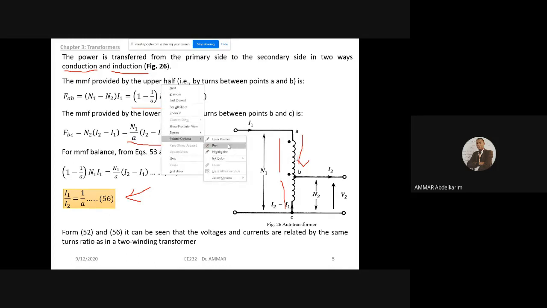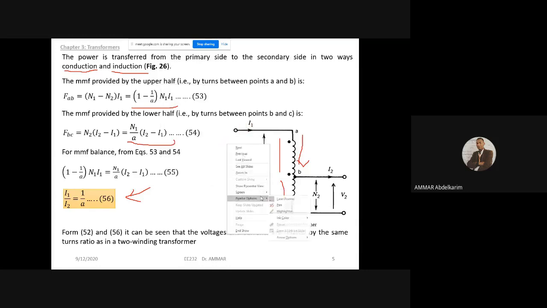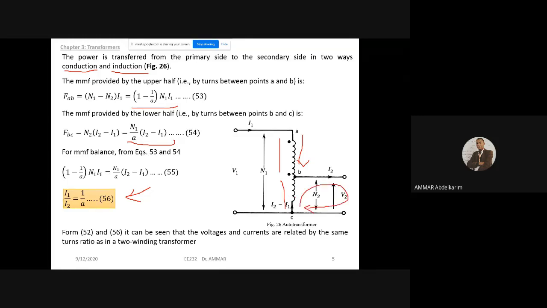Here we said that the input current is I1, and this is the output current, or the load current, I2. Since we have an induction, a voltage will be created in this part.